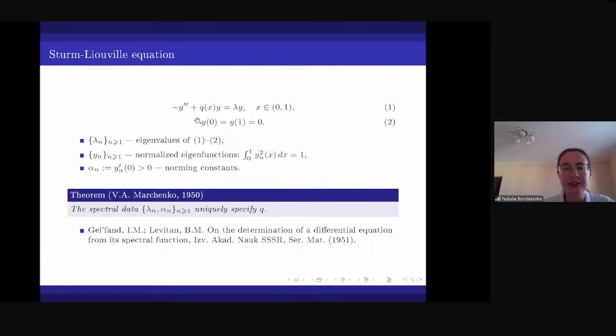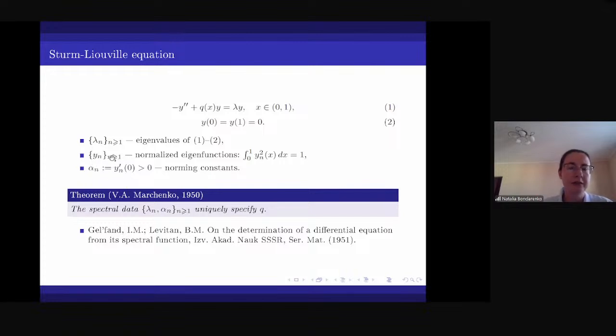For definiteness, consider the Sturm-Liouville equation with the Dirichlet boundary conditions. Then, as denoted on the previous slide, lambda_n are the eigenvalues of the problem (1), (2). It will be convenient for me to specify norming constants in the following way.